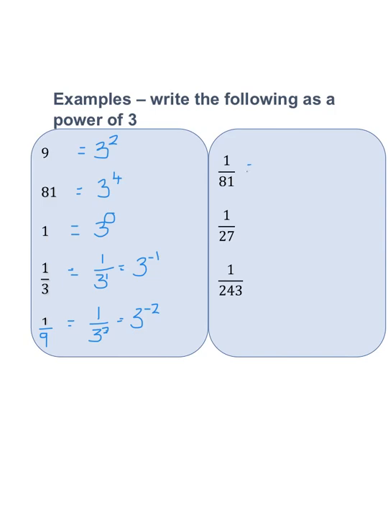So 81, well, I know that 3 to the power 4 is 81, so I can write that as 1 over 3 to the power 4. I bring the 3 to the power 4 up and make it negative. 1 over 27, well, I know that 3 cubed is 27, so bringing that power up into the numerator makes it negative.